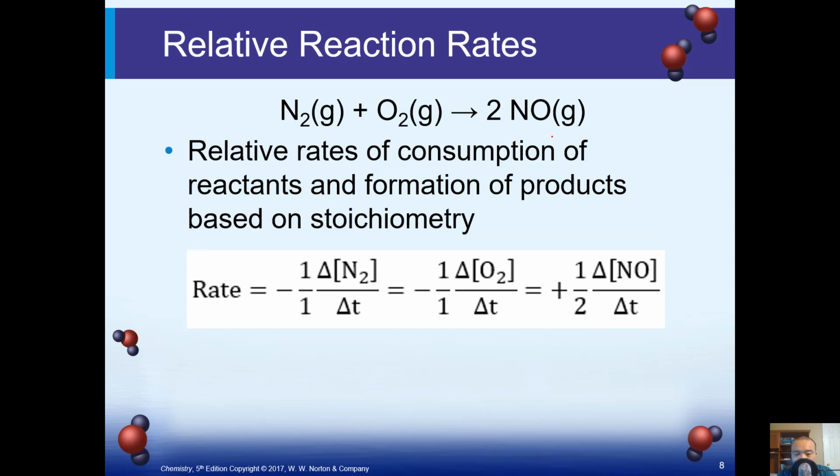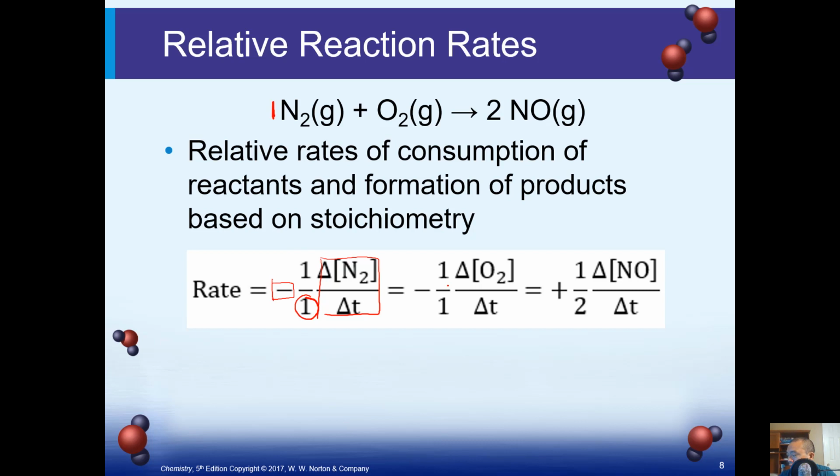The reaction rates are standardized by multiplying the inverse of the chemical coefficients by the corresponding rates of change. For example, nitrogen has a chemical coefficient of 1, so the inverse of that chemical coefficient times the corresponding rate of change is defined as the reaction rate.